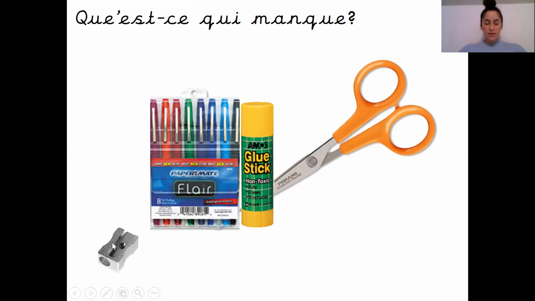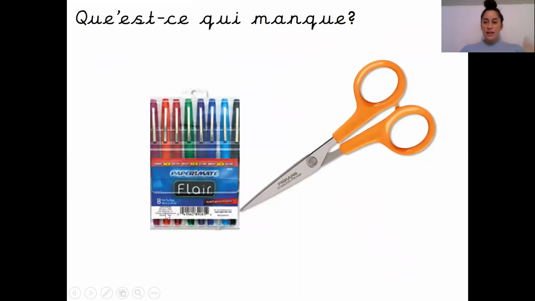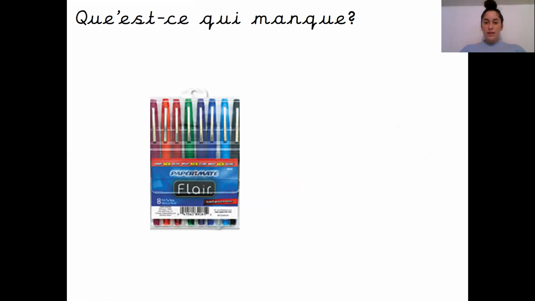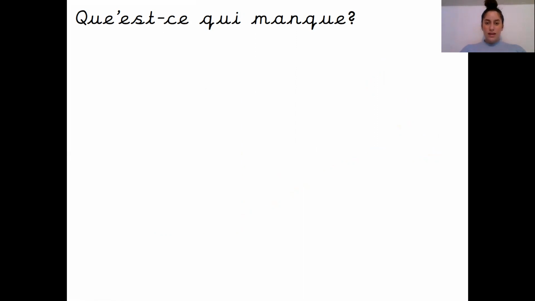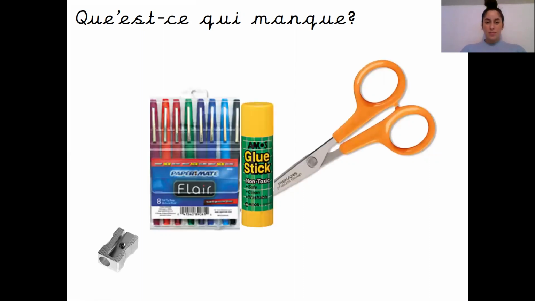If we saw the pencil sharpener went missing. Qu'est-ce qui manque? Un bâton de colle. Qu'est-ce qui manque? Des ciseaux. And finally, qu'est-ce qui manque? Des feutres. Let's do this one more time.